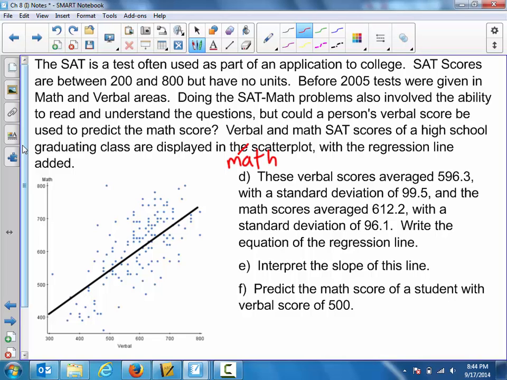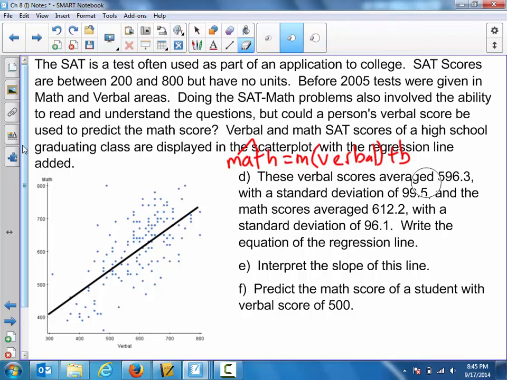Or if you want to write this regression line instead as math hat, the predicted math scores equals m times your x variable, which is verbal scores, plus your y-intercept, then 596.3 would be the mean of your verbal scores, verbal bar.